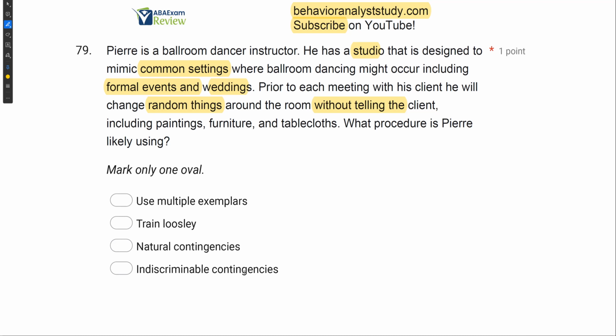He's not using natural or indiscriminable contingencies because we're not necessarily talking about contingencies here. We're talking about the stimuli in the room. He's changing these non-critical aspects, painting, furniture, and tablecloths, to avoid those non-critical aspects gaining stimulus control over behavior. Pierre is likely using training loosely.